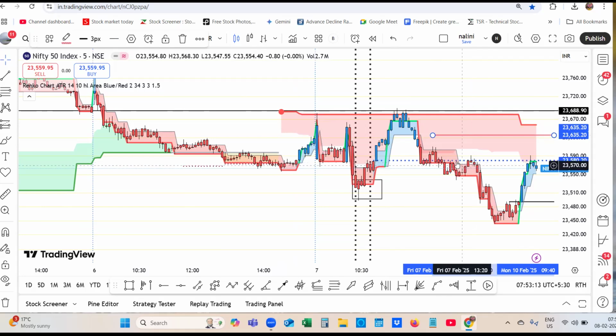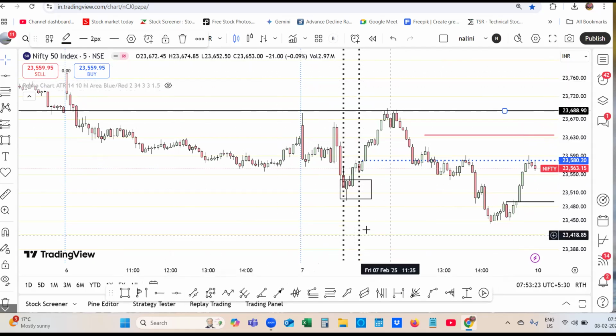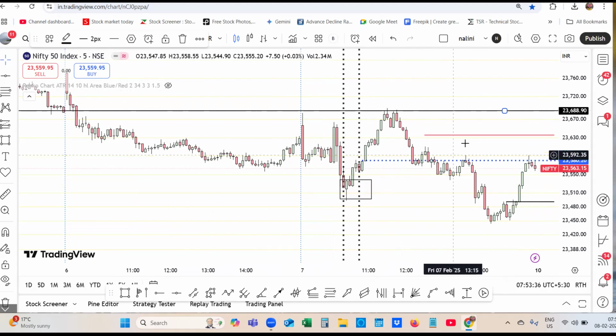So this is how, if I go back to the normal chart, this is the normal chart. Actually, entry has come over here. Entry.